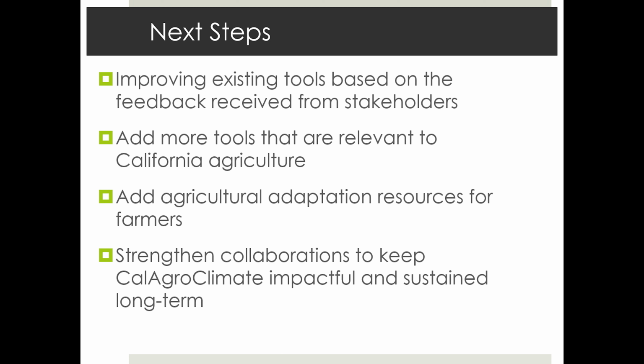And I think as a next step also is adding some adaptation resources along with these tools. So that can really help growers to see how they can use this information and be usable in a form they need. All right, and the last one is we definitely need more collaboration. So always open to ideas about that. Thank you.